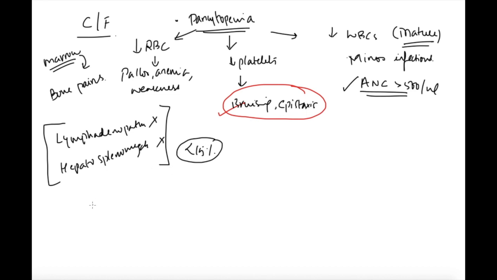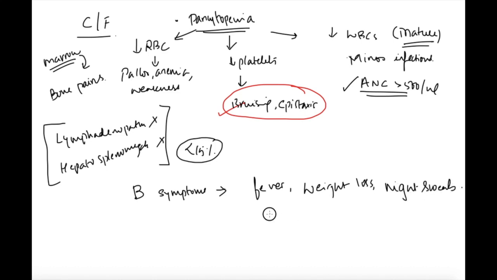And there's one more thing that I would want to highlight here, which will be useful for the further lectures. They are called as the B symptoms. What are B symptoms? They are the systemic symptoms like fever, weight loss, and night sweats.